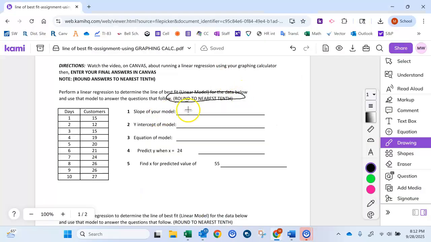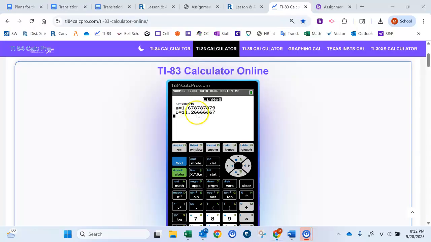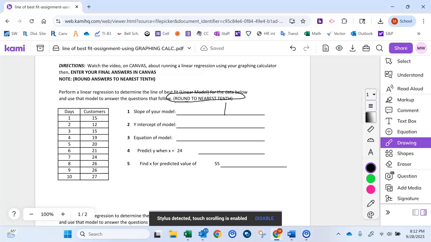The first question is, what is the slope of the model? The slope is going to be A, 1.678. I would say round to the nearest hundredth when you do this, so 1.68.